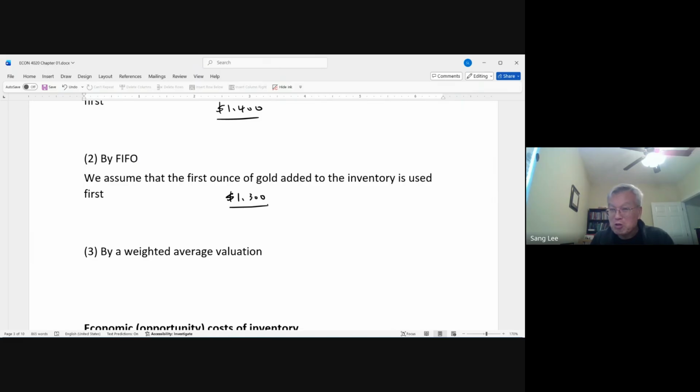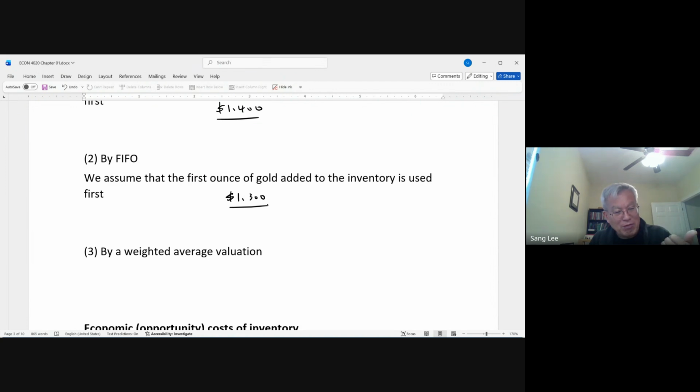And then you can use that strategically to control the accounting cost. But we don't want to have an in-depth discussion here. I just want you to know how in real life we compute the accounting cost of inventory.